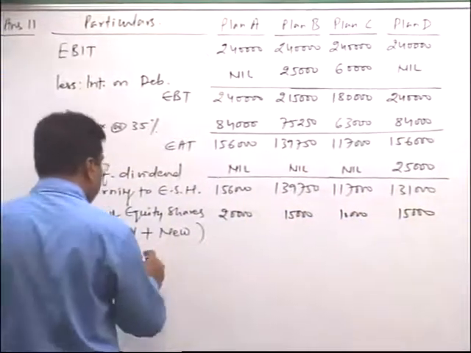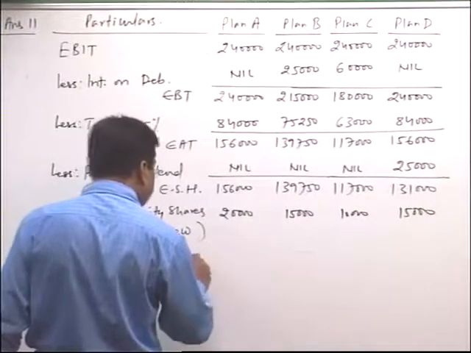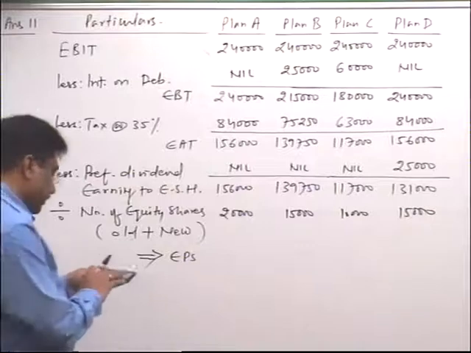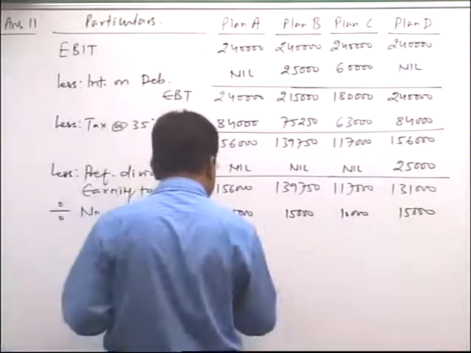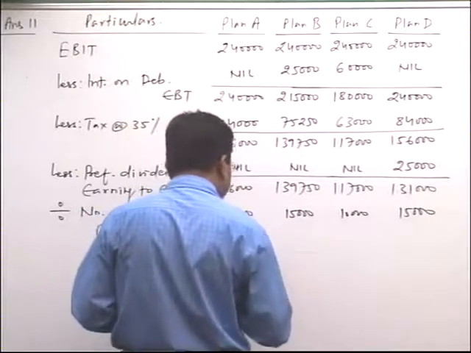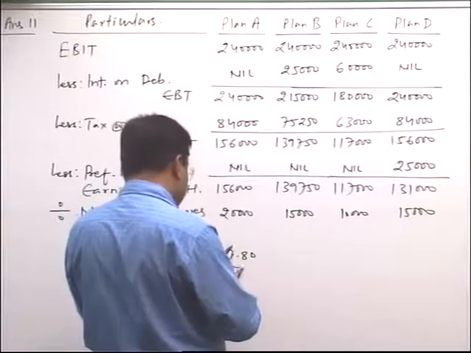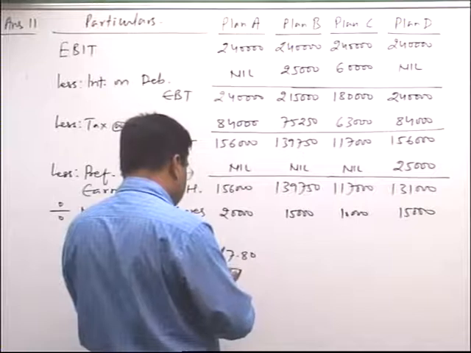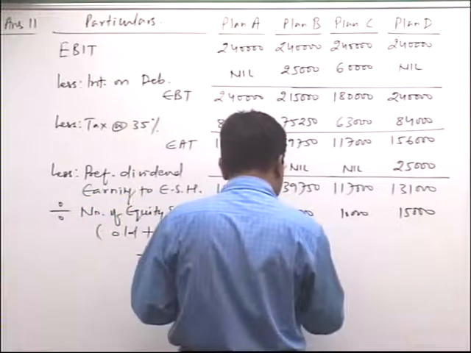Now divide the earning available to equity shareholders by the number of equity shares, and it will give you EPS. So EPS will be, in the first case, 1,56,000 divided by 20,000, that is rupees 7.80. In the second case, it will be 1,39,750 divided by 15,000, which is equal to 9.32.